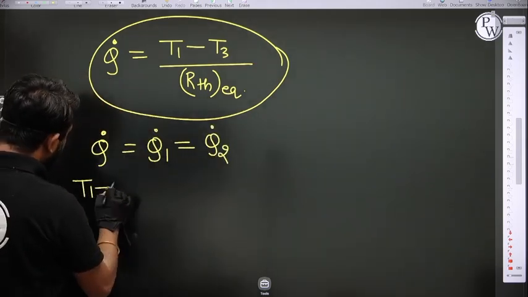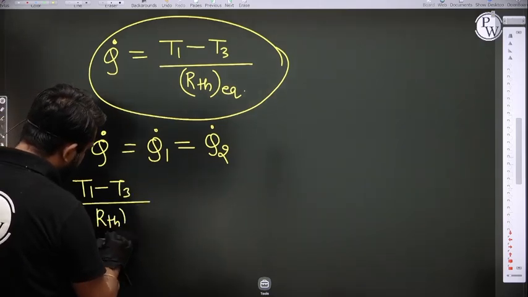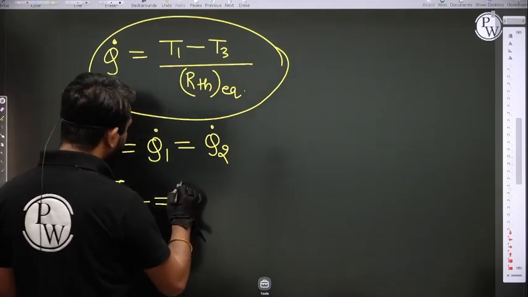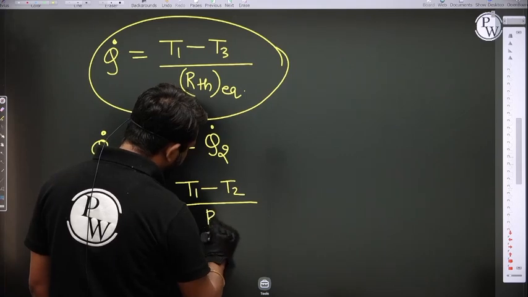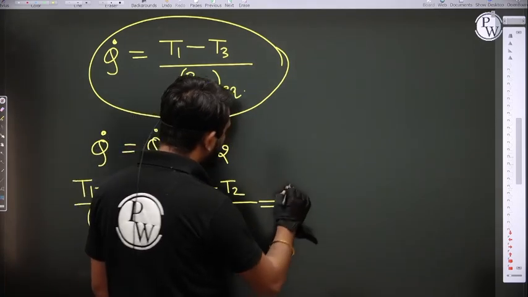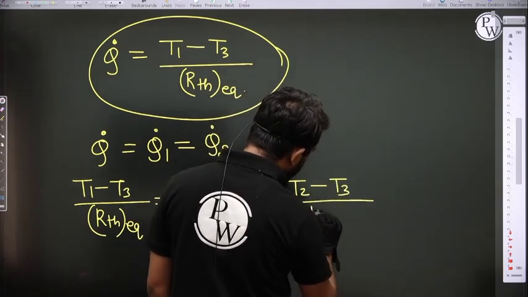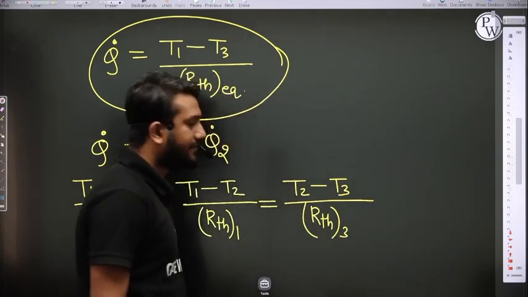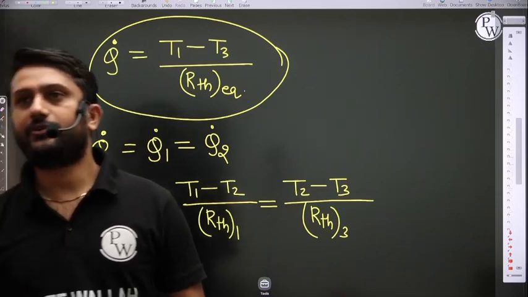That is (T1 minus T3) divided by RTH equivalent, and that is equal to (T1 minus T2) divided by RTH1, and this is equal to (T2 minus T3) divided by RTH3. Right. So by using this energy balance we can find T2 also.